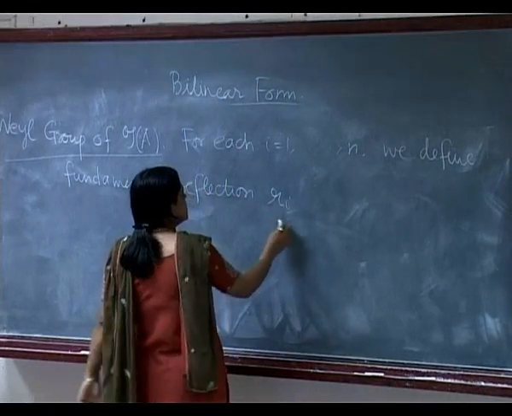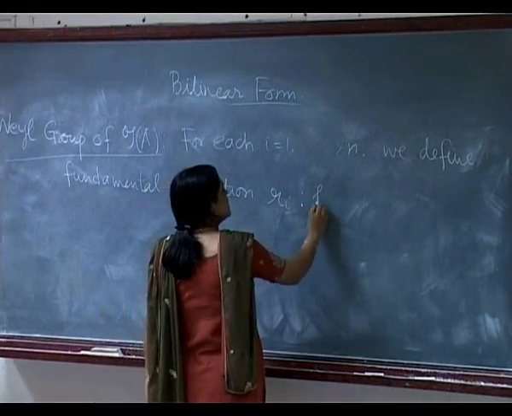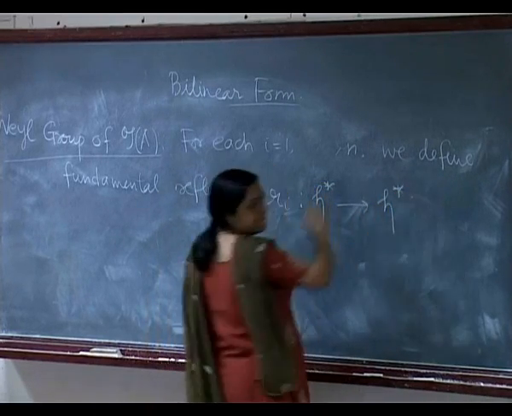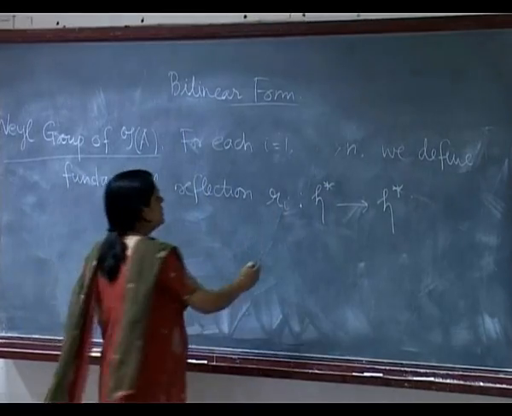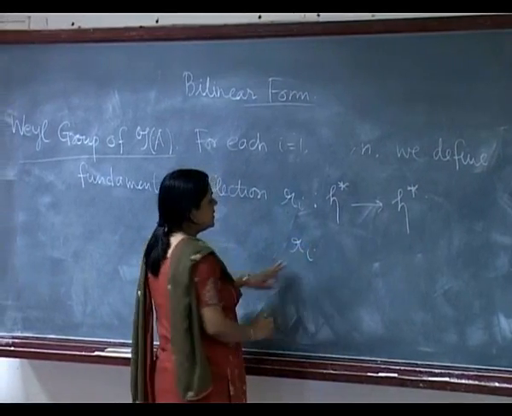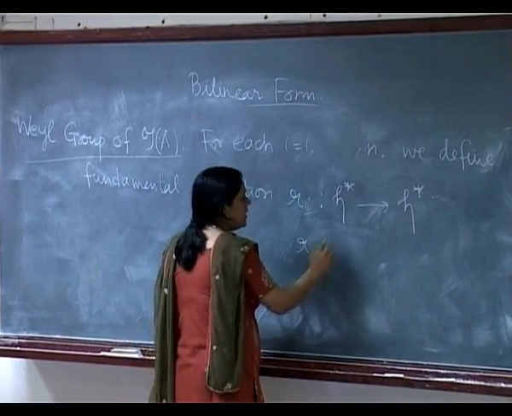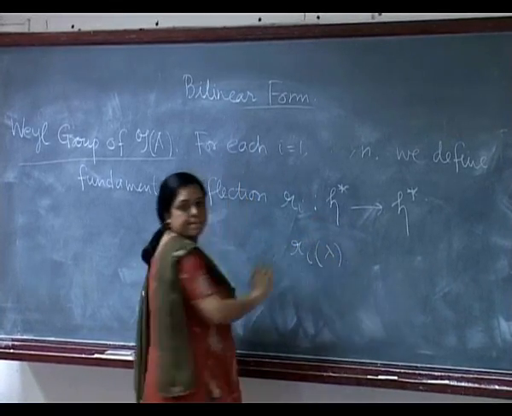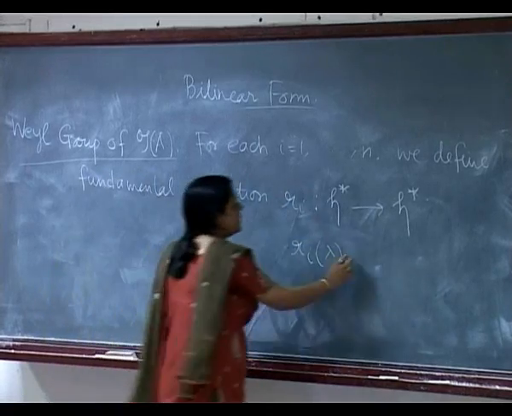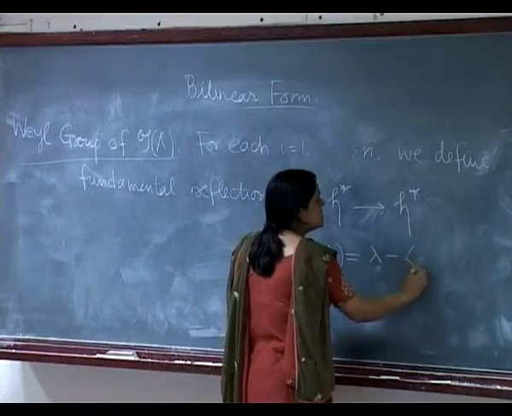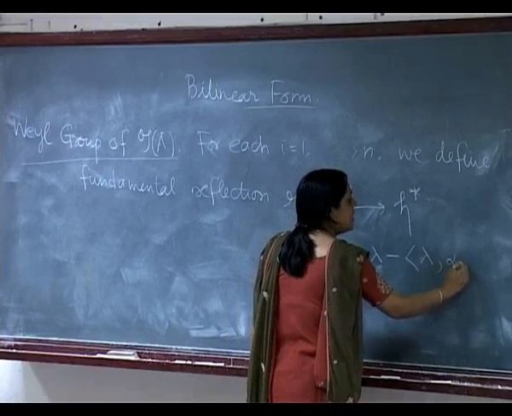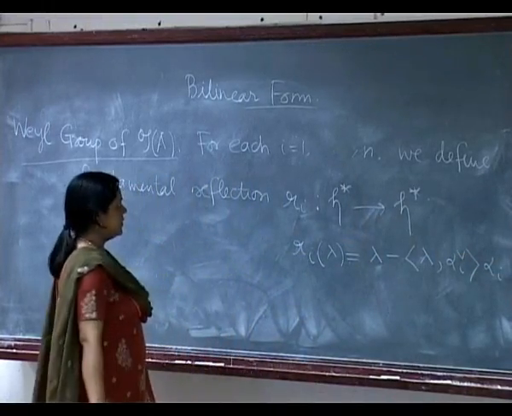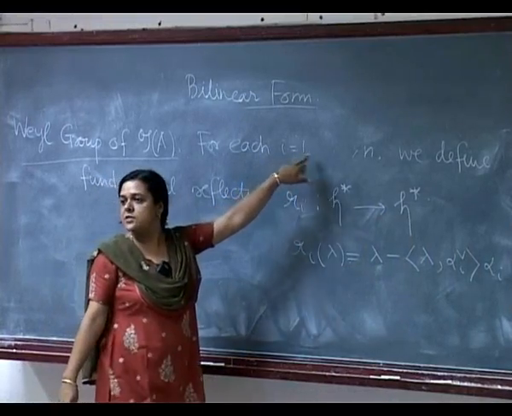This is a map from H dual to H dual, defined on an element lambda belonging to H dual as Ri of lambda equals lambda minus lambda of alpha I check times alpha I, for all I from 1 to n.